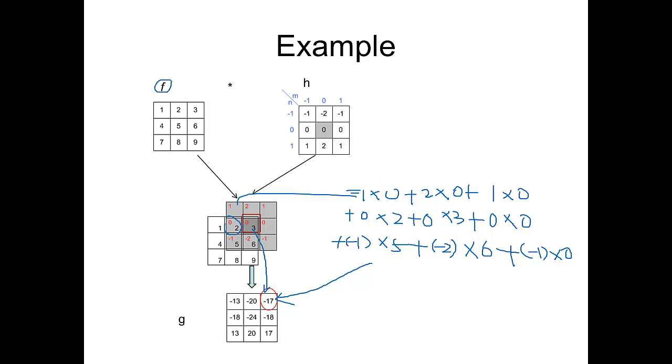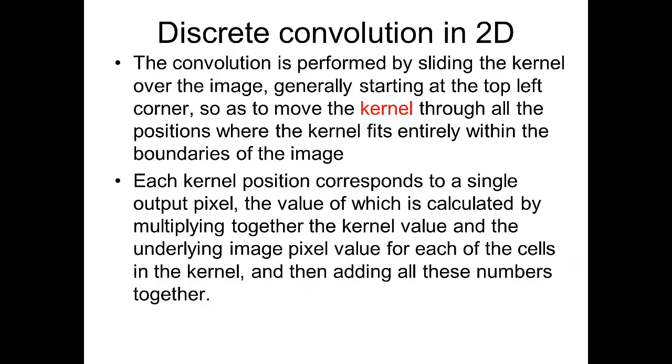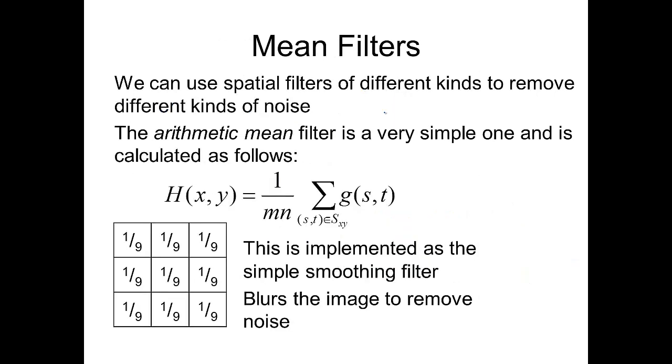In order to do the digital convolution, we need to design a filter to filter the noise in this image. So the design of the H is important. In the past, they have developed many filters. Mean filter is one of them. The mathematics of the mean filter is here.